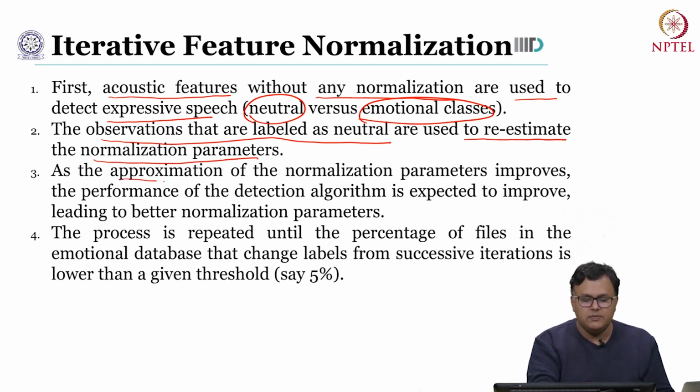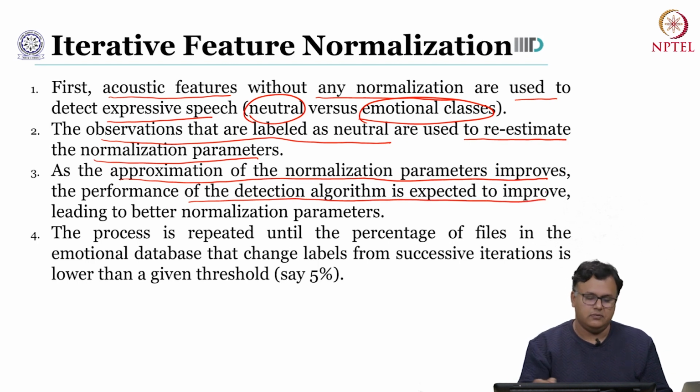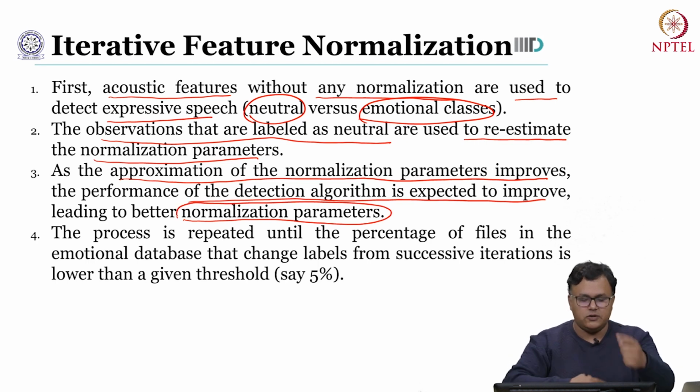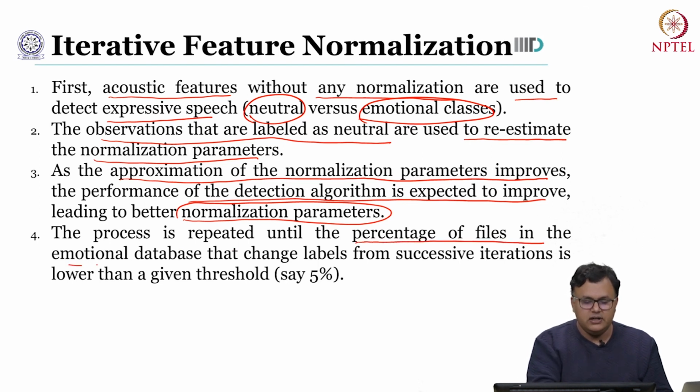As the approximation of the normalization parameters improves, the performance of the detection algorithm is expected to improve. Now, this in turn is going to give you better normalization parameters. So this is an iterative process, and it is repeated until a certain percentage of files in the emotional database have changed label from the successive iteration.